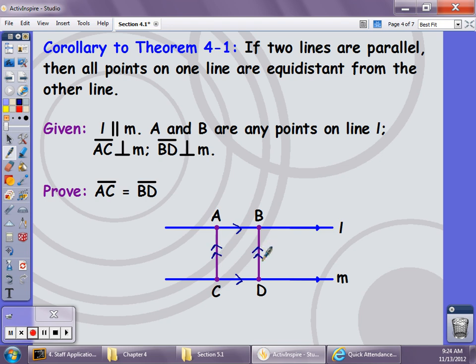So now we have opposite sides parallel, so we can say that ABDC is a parallelogram, and based on Theorem 4-1, opposite sides are congruent. So AB is congruent to CD, and AC is congruent to BD. Now we have proven that the distance from A to C is the same as the distance from B to D.